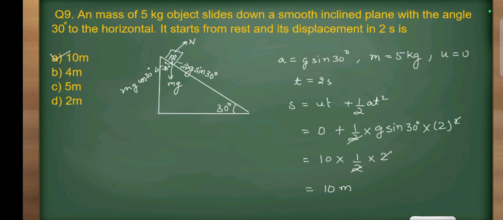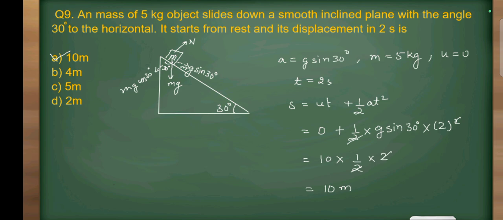So we will put the value, and half into acceleration, which is g sin 30°, into time 2 seconds. After solving this equation, we will get 10 meter. So the displacement of the mass is 10 meter. So option A is correct.